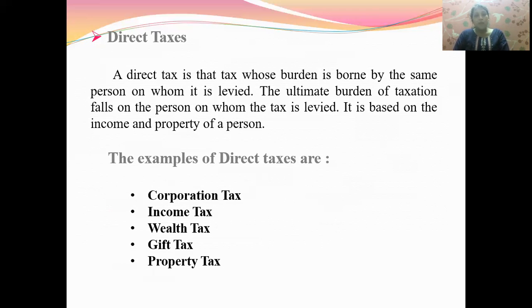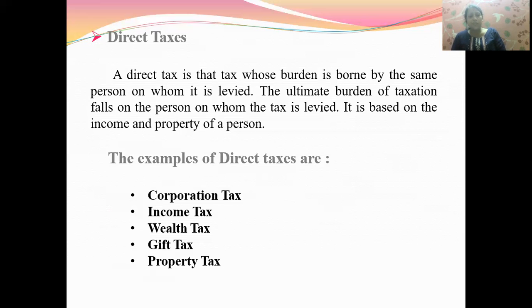Actually, when a common person has income, he is actually carrying the taxes also. Depending on the income of that person, the tax is levied. So the ultimate burden of taxation falls on the person on whom the tax is levied. It is based on the income and property of a person, as already I have mentioned.